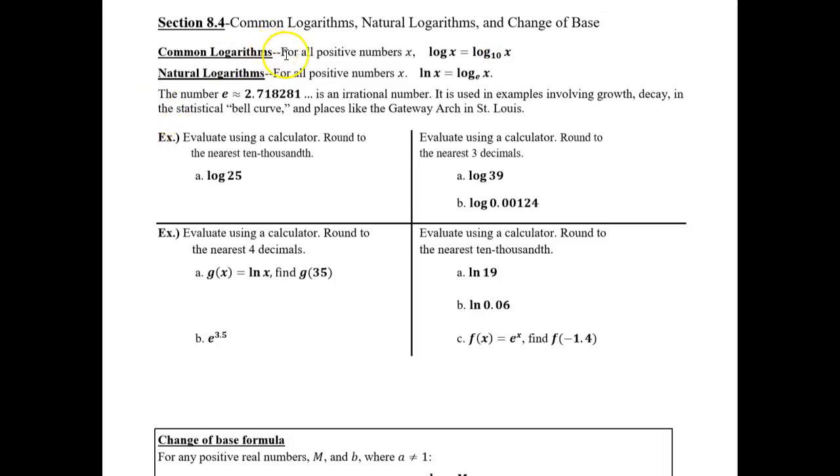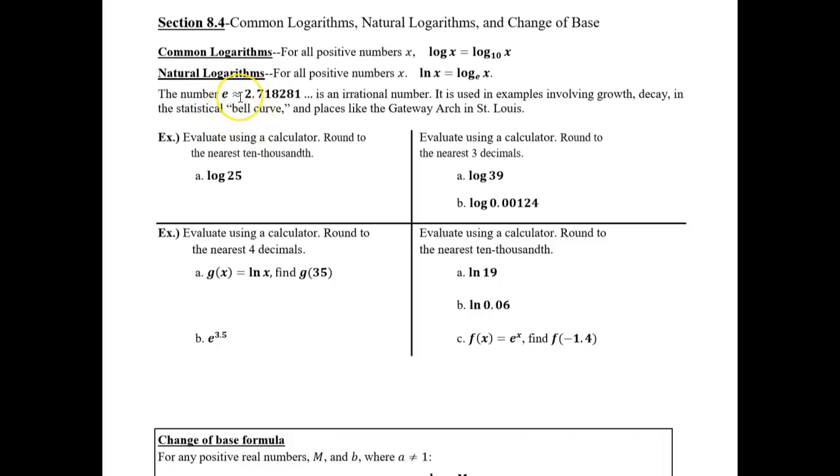Now if you see ln of x, so that's an L, ln of x, that is the same thing as log base e. So the base is e, and e is a number. E is not a variable. It's the number 2.718281 and so on. It goes on and on forever, just like pi. E is an irrational number.